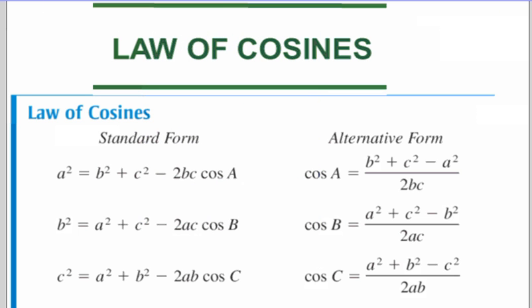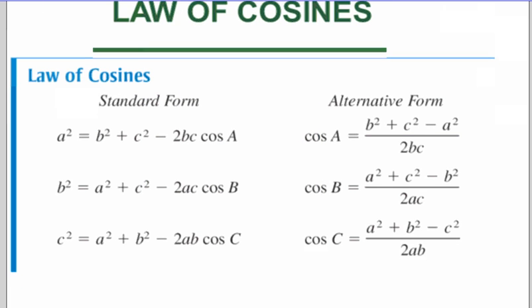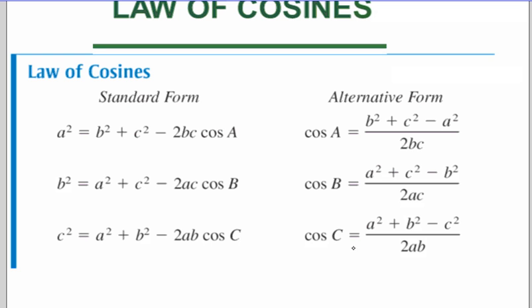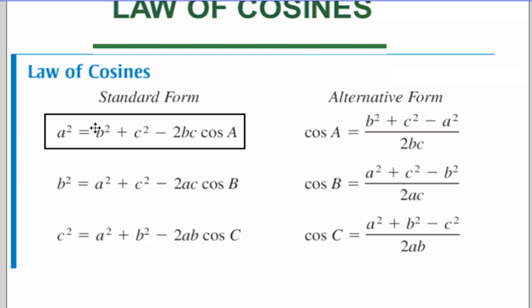All right, here's the law of cosines. It's got 6 different forms here, but in reality, we only have to remember one. Let's look at this one: a squared equals b squared plus c squared minus 2bc times the cosine of A. It's real similar to the Pythagorean theorem: c squared equals a squared plus b squared, if we had a right triangle where a and b are the legs and c is the hypotenuse.